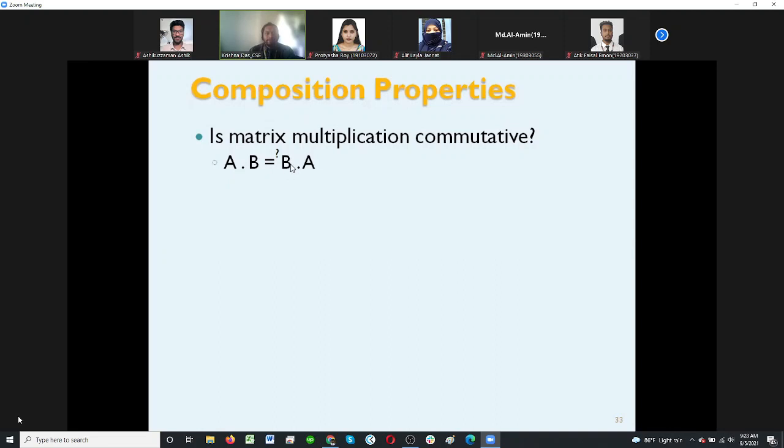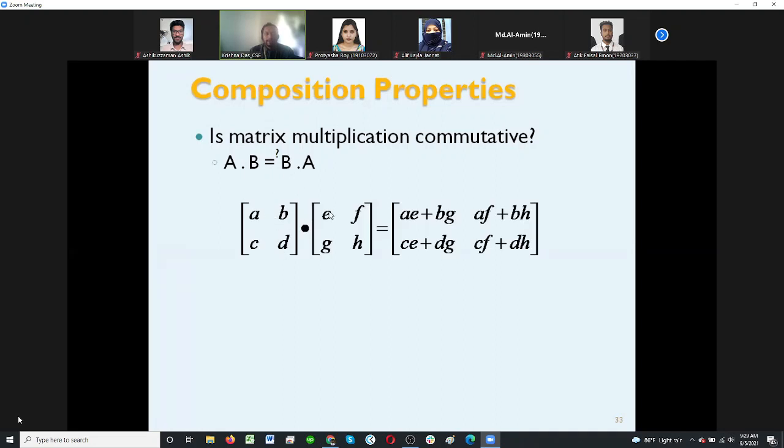AB, and if you change the order, BA, are they equal? In algebra with real numbers it is equal, but in the matrix it is not. If we do AB, we get AE plus BG, and AF plus BH.